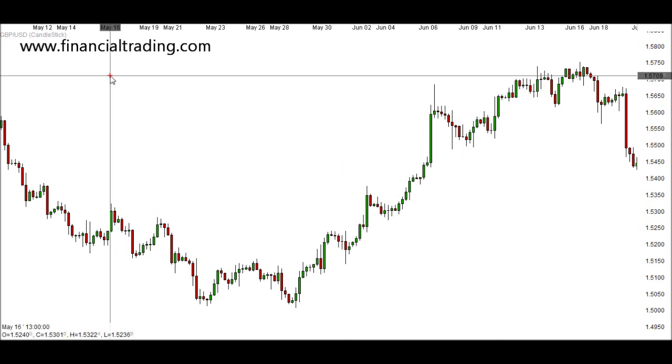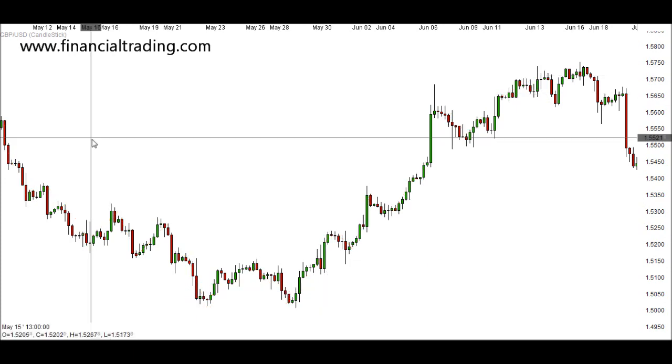For example, on the pound against the dollar, the chart we've been using throughout this course, price is clearly downtrending and then reverses and goes on an uptrend. This area where price reverses would be considered a major support in the market.